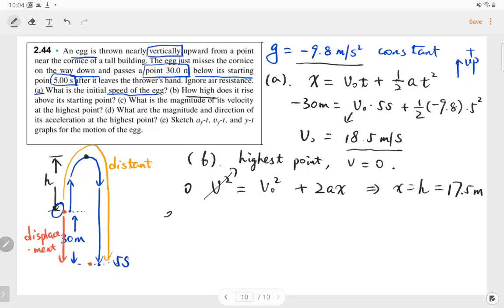And the last one, E, sketch the at diagram, vt graph, and yt graph. So let me draw the diagram. Acceleration as a function of time, velocity as a function of time, and displacement as a function of time.